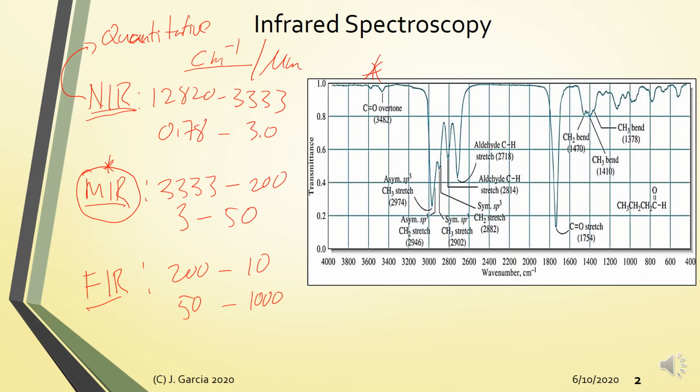Mid IR, although you can also use this for quantitative analysis, there is no problem with that. Its major power is more for qualitative analysis, especially for many organic compounds, polymers, for example, some inorganic compounds, although limited, and different macromolecules.